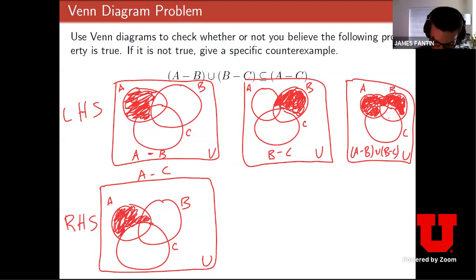And then if you just want to type in chat, do you think that this statement holds, that A minus B union B minus C is a subset of A minus C? Any guesses whether or not this property is true or false?